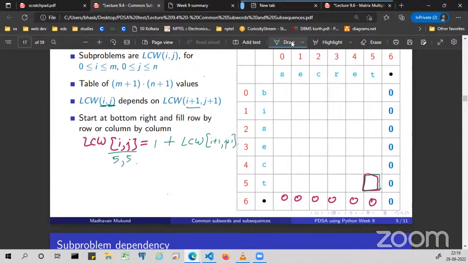Exactly. And why is it so? Because your subproblem has this expression I plus 1, j plus 1 defining ij. If ij were defined by some function of I minus 1, j minus 1, or maybe something else, then we would have to work a little bit differently.